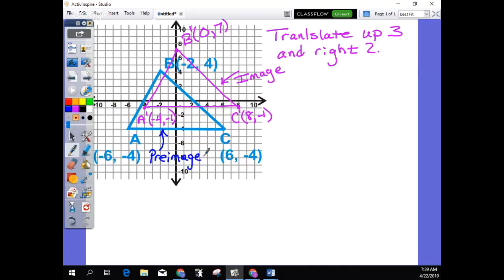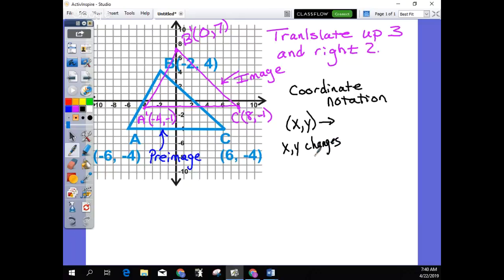Now we have to describe that, and we've come up with a couple of ways to describe it, depending on what kind of flavor you're going for. The first one is coordinate notation. Coordinate notation means: how did each XY coordinate change? It always starts out with XY changes to.